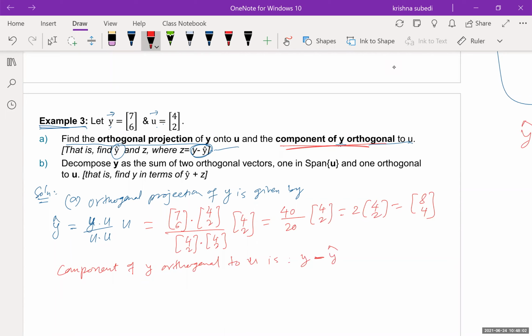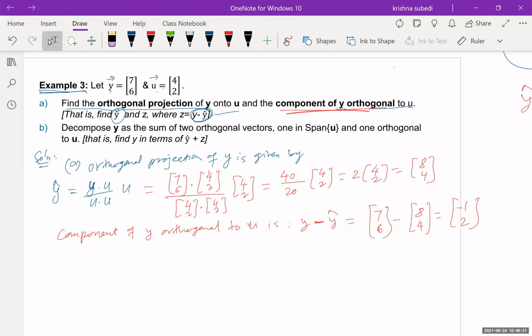So let us calculate this. Y is given, 7 and 6, minus y hat, which we just calculated as 8 and 4. So that's going to give me -1 and 2. That's it. Done.